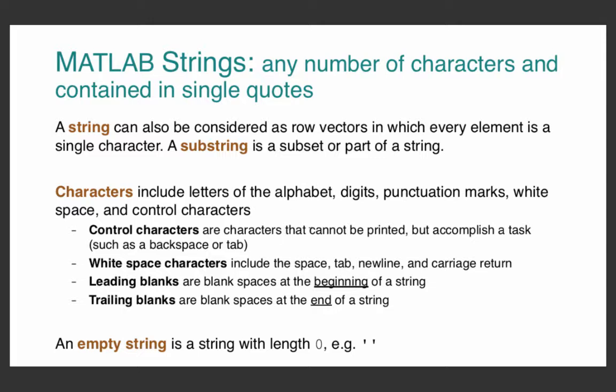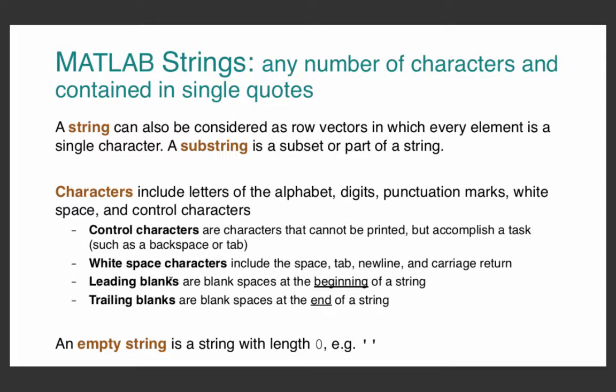There's also a control character for backspace, which simulates pressing a backspace on the keyboard. White space characters contain space, tab, new line, carriage return. So some of the control characters are also considered white space characters.